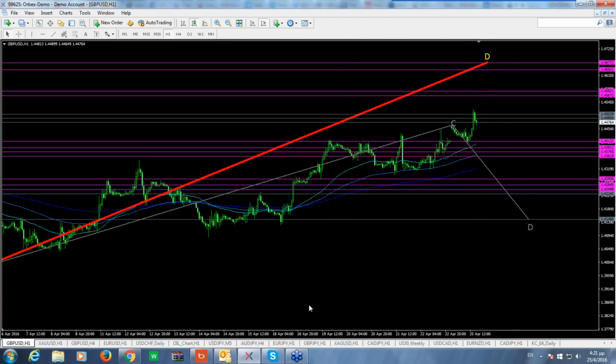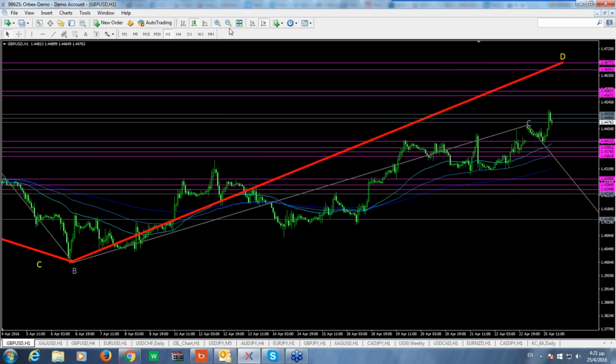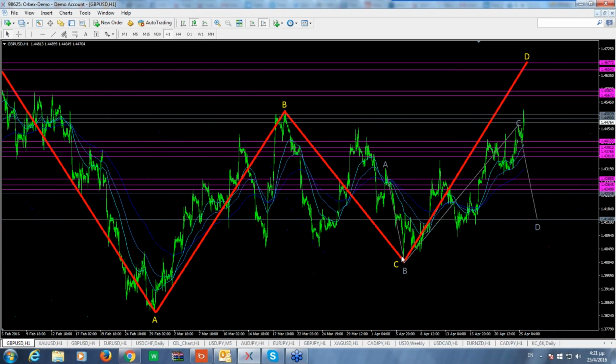But this one is a bit tricky here. Why? Because we have prices moving upwards, down, up, down, but then it's potentially targeting this area here in D. In this big W-like pattern, what the W pattern usually signals is that prices would go upwards from C to D. Usually in a pattern like this, we don't trade the B to C or the A to B. We usually trade the C to the D, and then once it starts to come downwards, that is called the D to E leg.